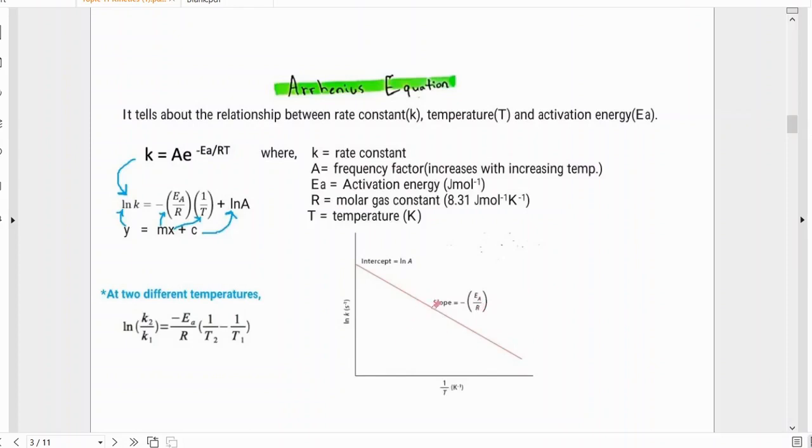The Arrhenius equation also exists in a ratio logarithmic form. This is more helpful in calculations when the question gives us information about rates of reactions or rate constants at two different temperatures.